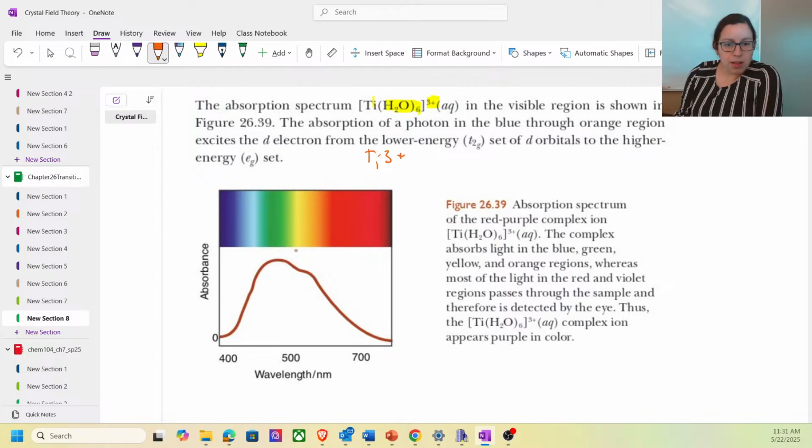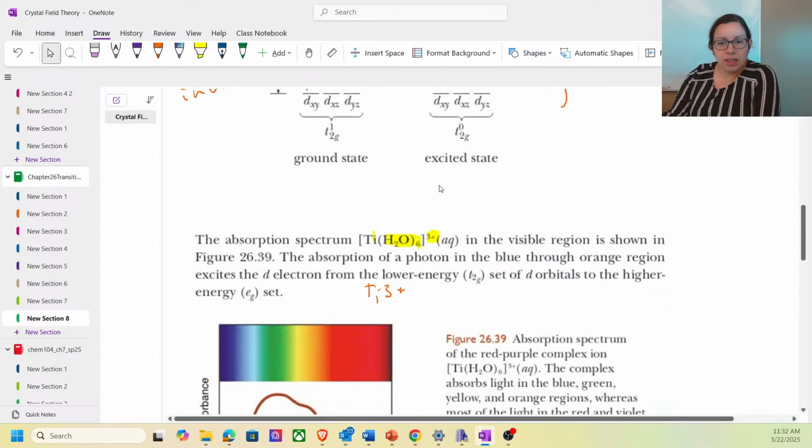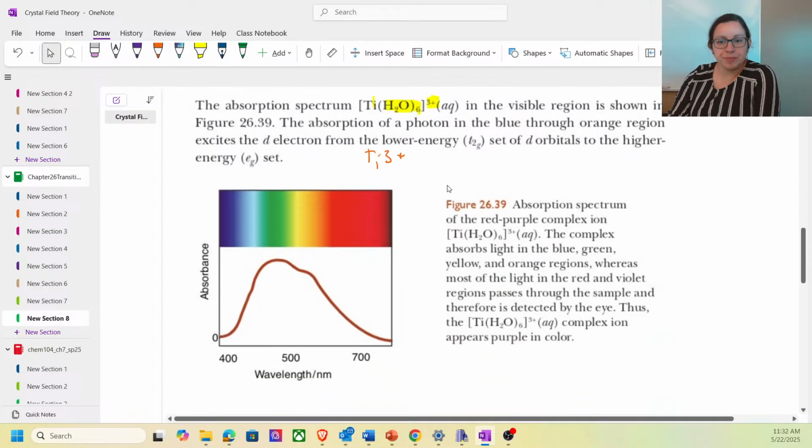They did spectroscopy on it, and we see the absorption. We're just seeing where it's doing the highest absorption. And it's probably exciting our HOMO, so exciting our d electron from our lowest energy set to the higher energy set, as hinted here potentially.